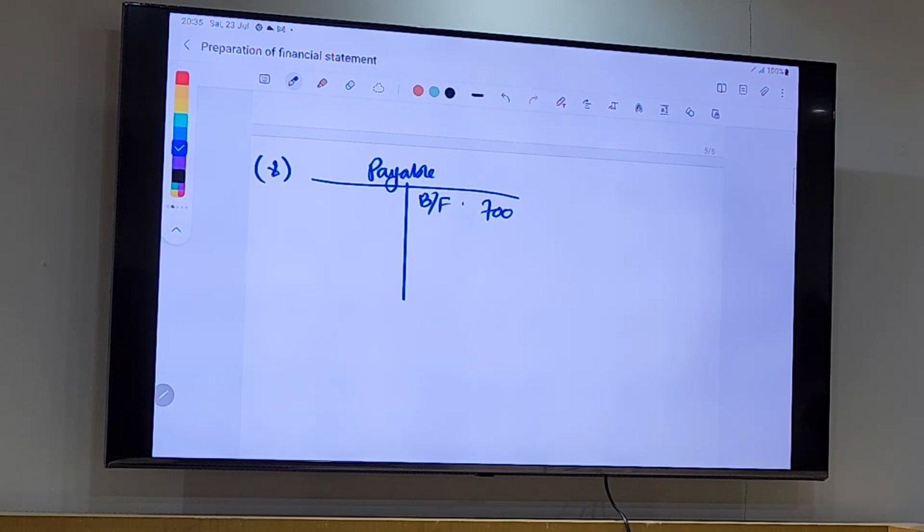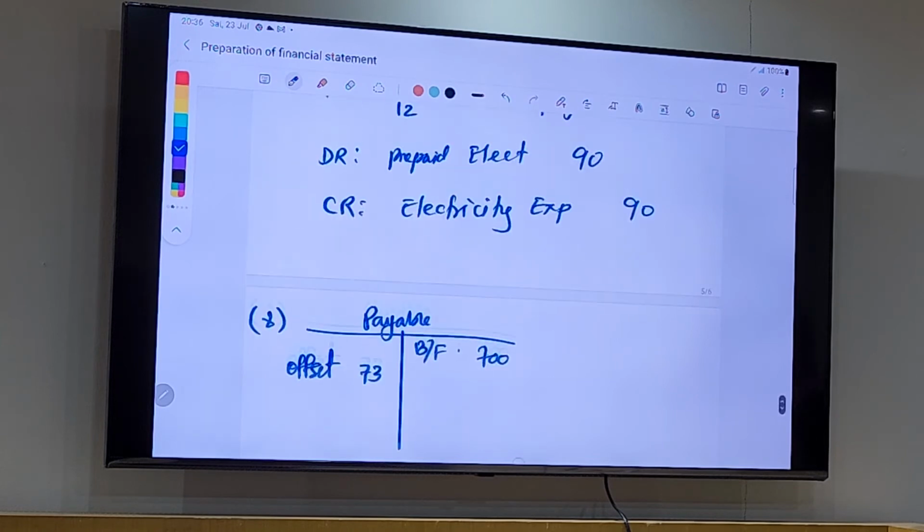Correct? And then contra how much? Offset 73. And this wasn't recorded. So the credit entry we need to think now. Where to credit?